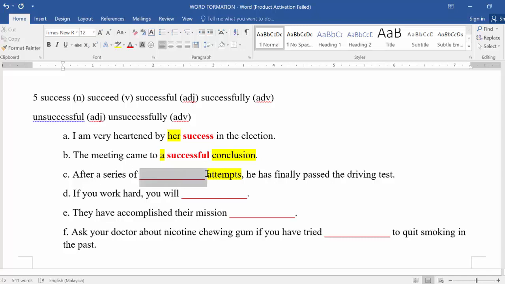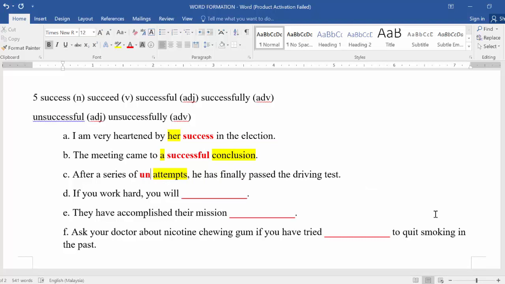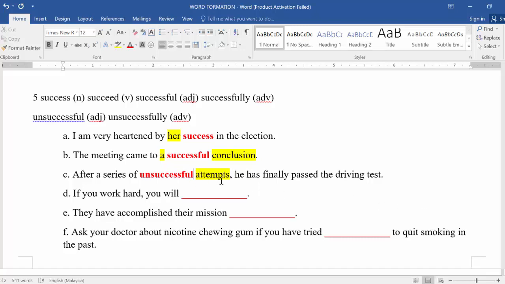So here, usually should be an adjective. We are left with one adjective, which is unsuccessful. Unsuccessful attempts. After failing many times, as unsuccessful attempts, he has finally passed the driving test. At the end, he passed the test.